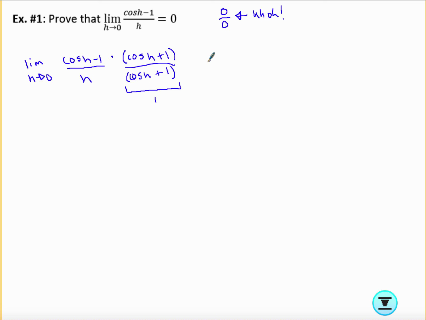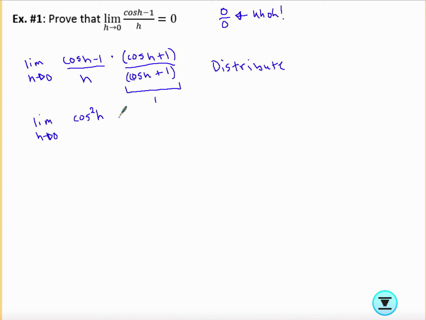The next thing that I'm going to do is I'm going to try and distribute. Okay, so I'm going to distribute, and I get the limit as h approaches 0 of, cosine of h times cosine of h is cosine of h squared.